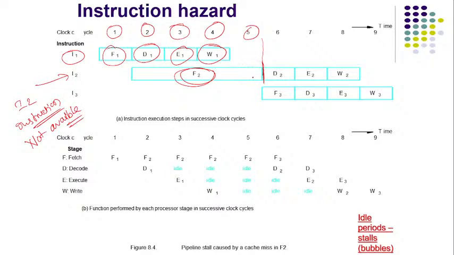Because of this non-availability of the instruction, a delay occurs, because if the instruction is not fetched, it will affect the next instructions also.